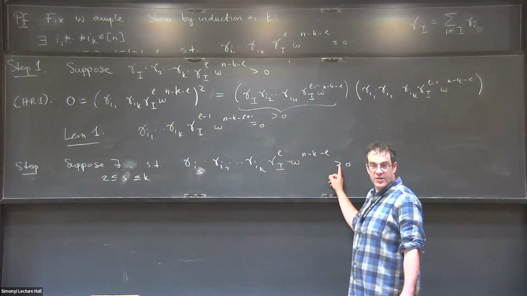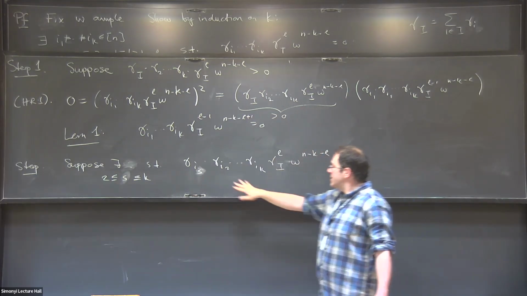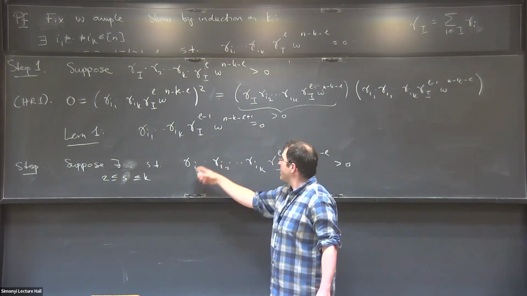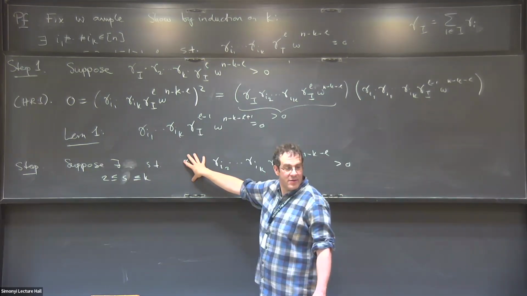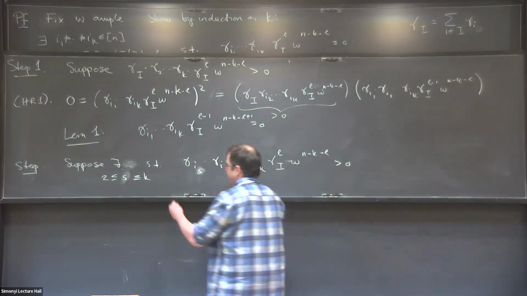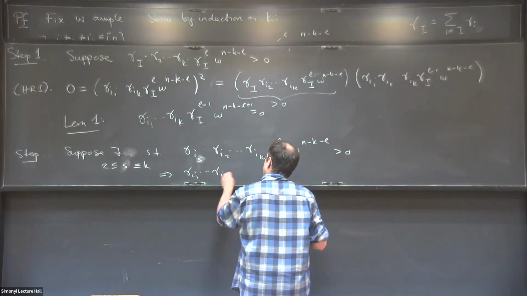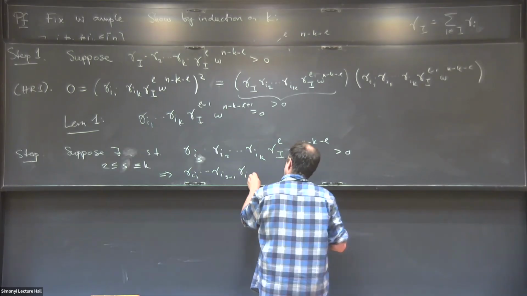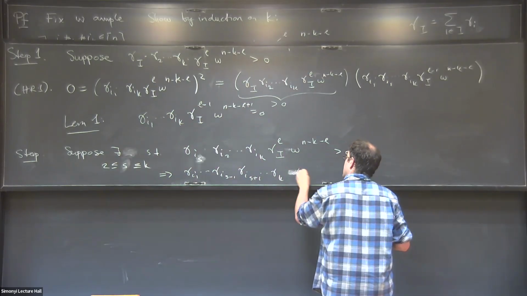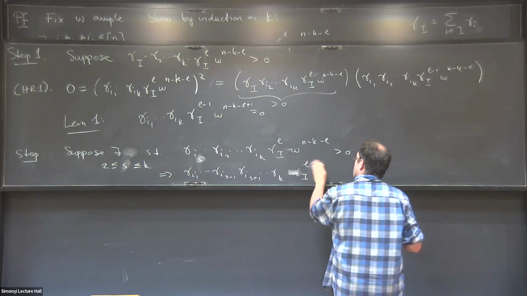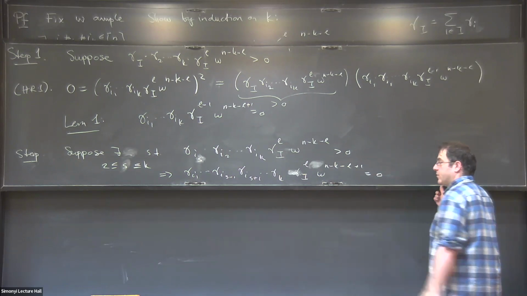Suppose one of these guys is positive. Then I can play exactly the same game. And what it shows is that I get 0 if I replace the gamma IS by omega. So then I get that gamma I1, gamma IS minus 1, gamma IS plus 1, gamma K, omega, sorry, gamma I to the L plus 1, L, omega to the N minus K minus L plus 1 is 0.